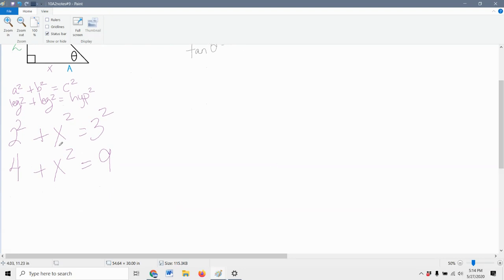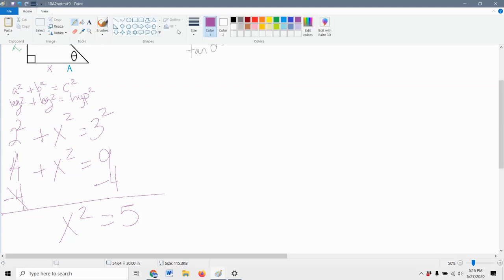Now, of course, these are being added together. 4 is positive, so I'll subtract that 4 from both sides. 4 minus 4 is 0. I don't need to write that 0, but I'll bring down this x squared. 9 minus 4 is 5. I'm not looking for that 5. That's x squared. So I want to take the square root of both sides.